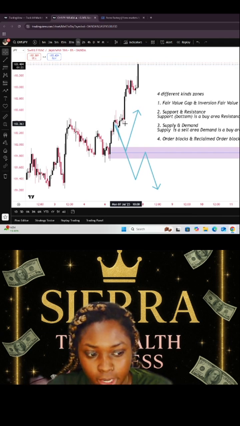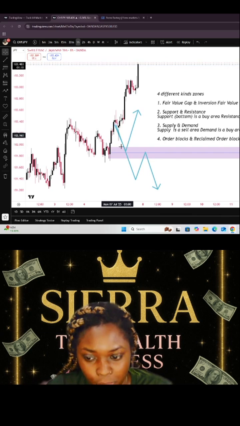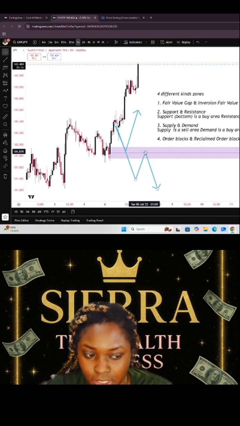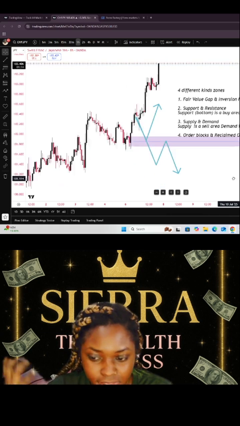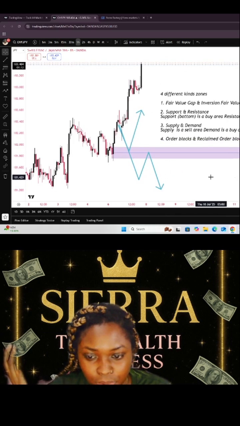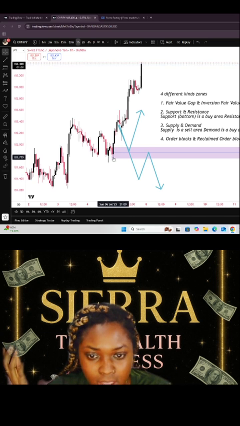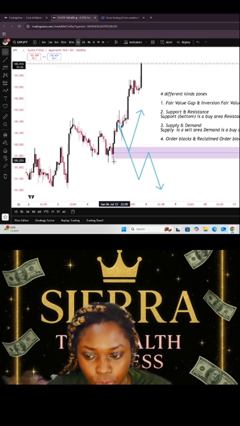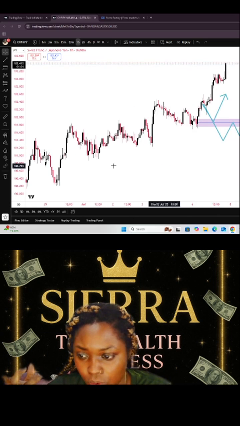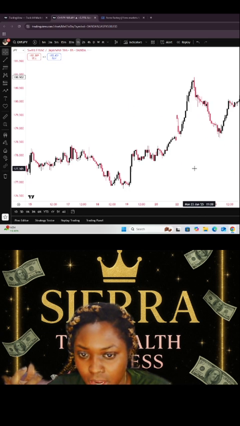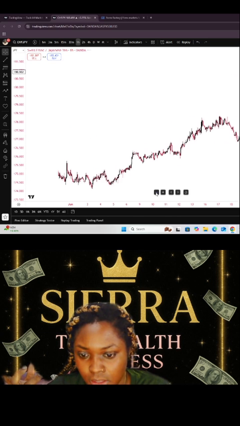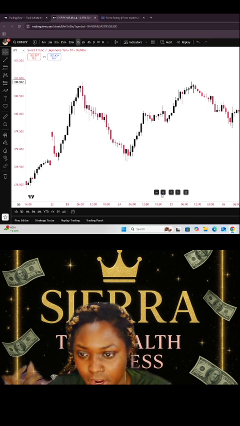With a reclaimed order block, you look for price to trade through it, retest it, reject it. Same thing. It's just that simple. So this is a demand area and a bullish order block. Now, let's find a sell area right here.